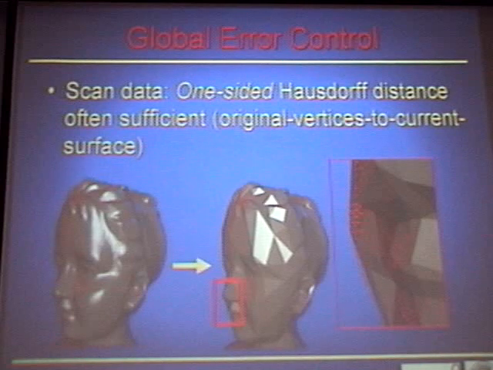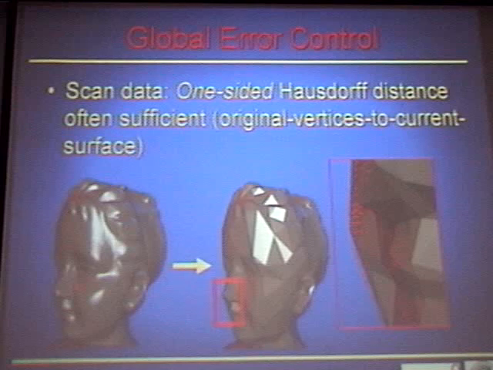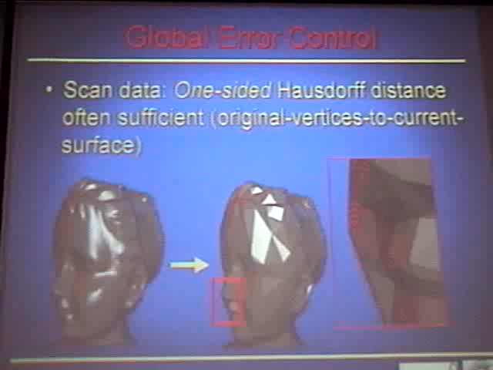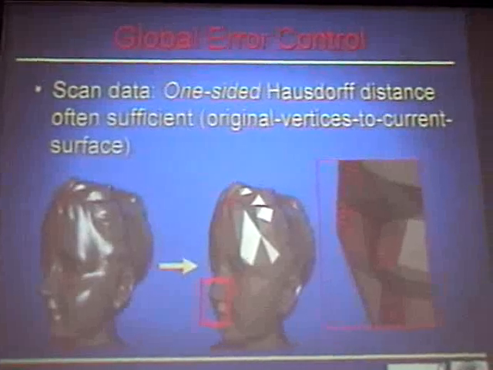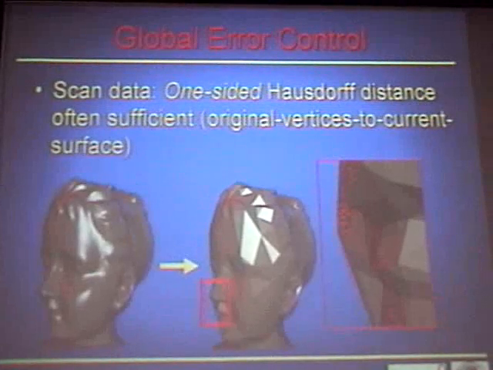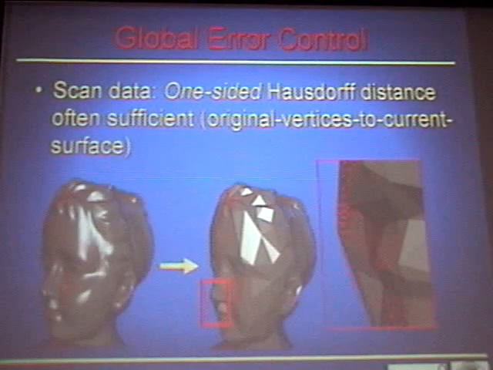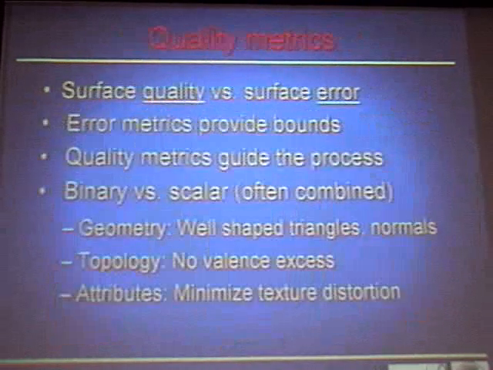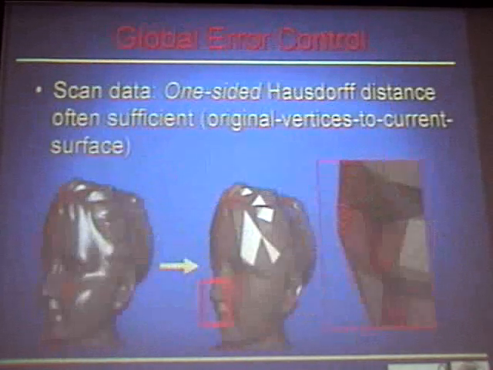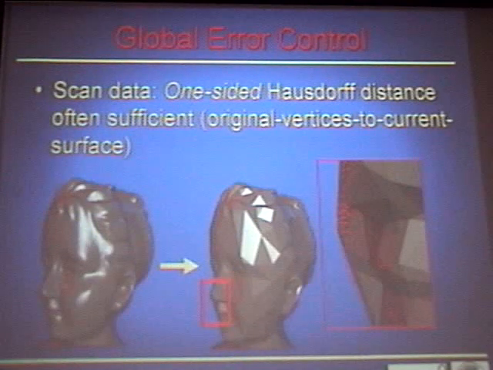This is due to the fact that in many input data, you only have the location of the original vertices. You don't have a priori a triangle mesh, so in a sense, first-class information is just the location of the vertices, and that's why, in some sense, you should only measure the distance of the original vertices to your approximating surface and nothing else.